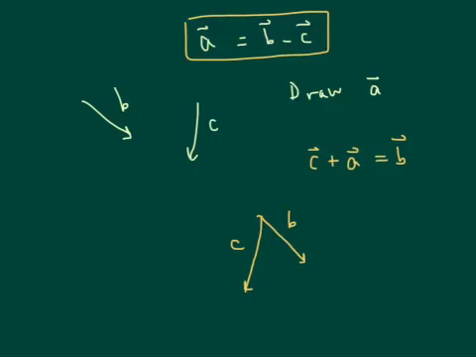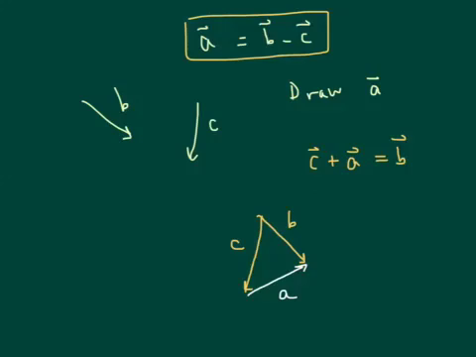And I must now draw A so that it is added tip to tail with C. Easy enough. C, the tip is right here, so that's where the tail of A goes. And I have to draw it so that A successfully completes this addition. I look and I say, yes, C plus A does give me B as the resultant. C plus A is B.